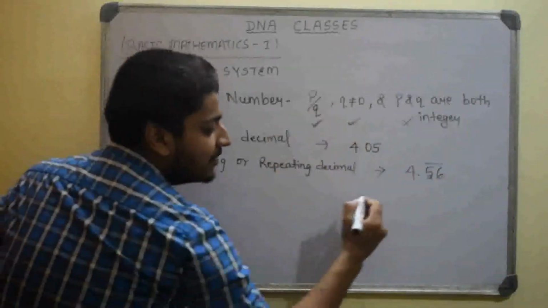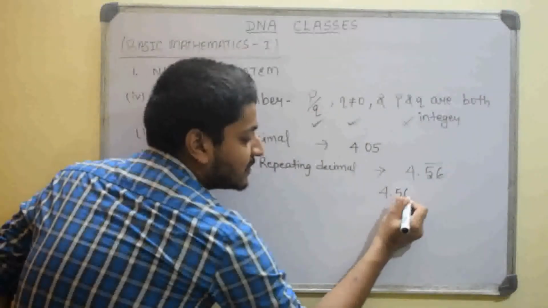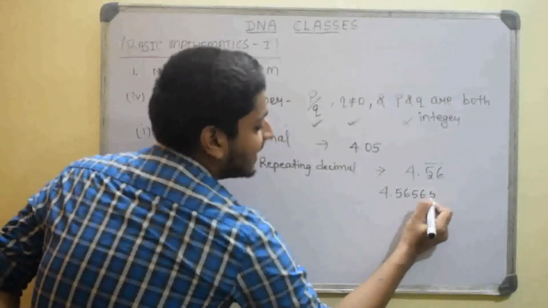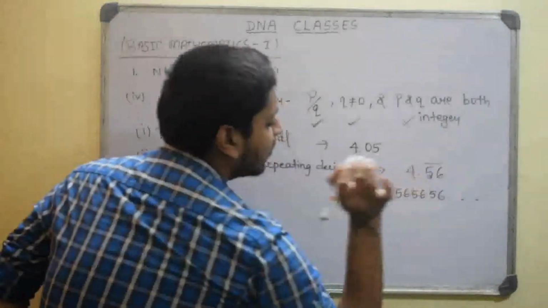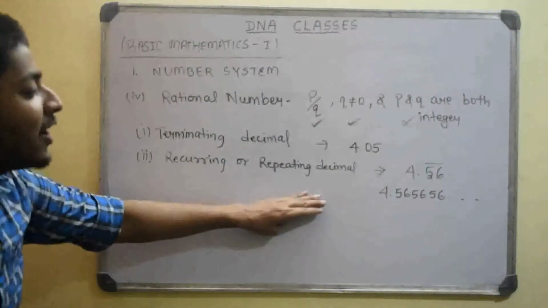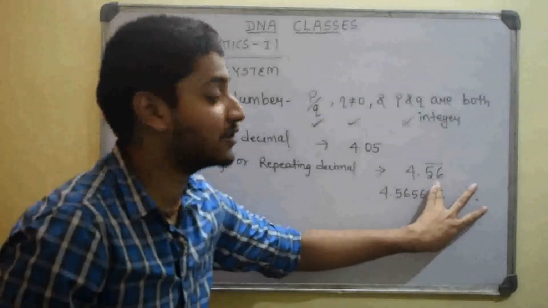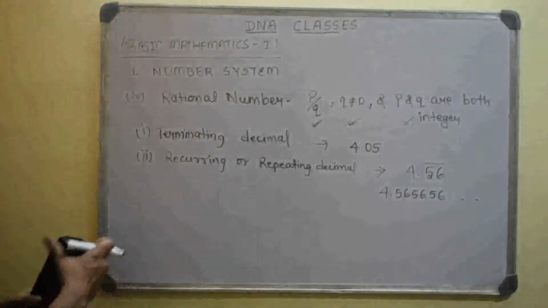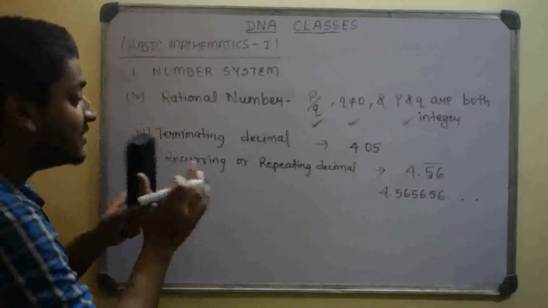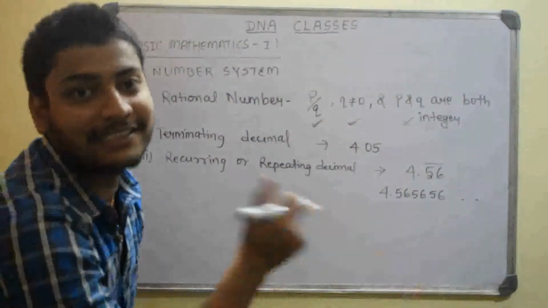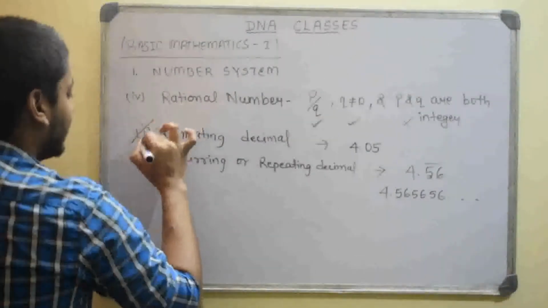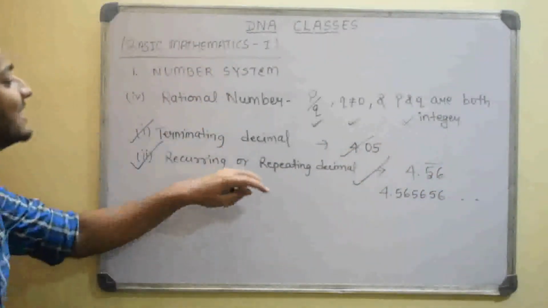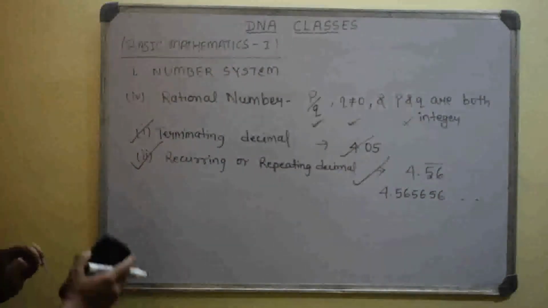What is the meaning of this bar? This 5-6 will go on repeating, like 5-6, 5-6, 5-6. If you come across such a number, this recurring or repeating decimal will be a rational number, meaning we can convert this decimal into a rational number. So if the decimal is of type terminating or recurring, it comes under rational number.